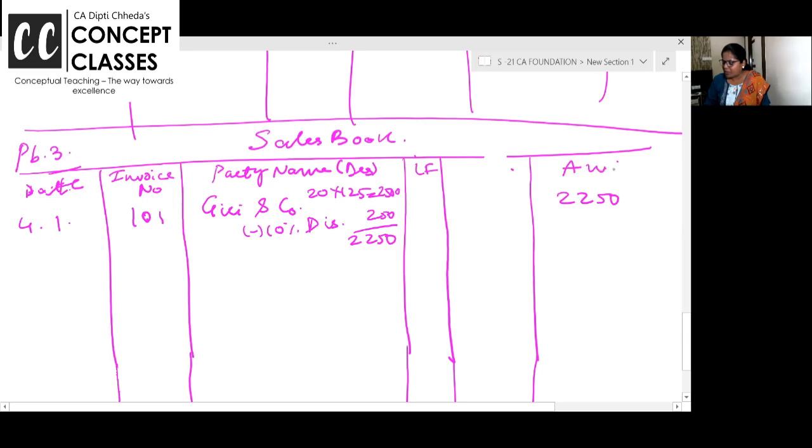In subsidiary books only the amount comes, right? And this is if you need columns like GST and freight and all. It's not there, but I've made this extra column. Please change the column. I really missed. This is not journal proper. So date, invoice number, party's name, ledger folio, GST, freight and amount.